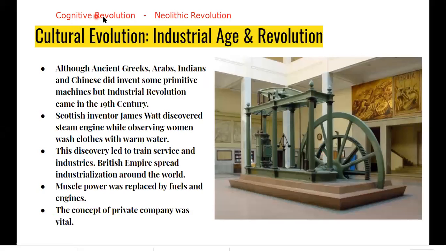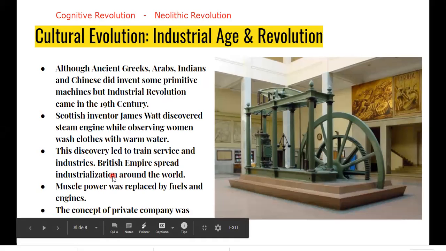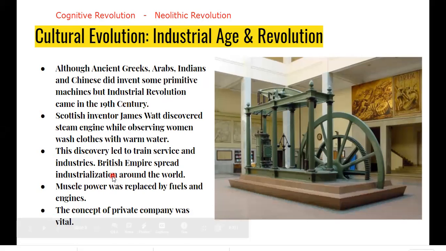After the cognitive revolution, 70,000 years ago, and the Neolithic revolution, about 12,000 years ago, a very big shift in human culture occurred in the 19th century when the Industrial Revolution started in the British Isles in Europe and then spread around the world due to the expansion of the British Empire and European colonialism.